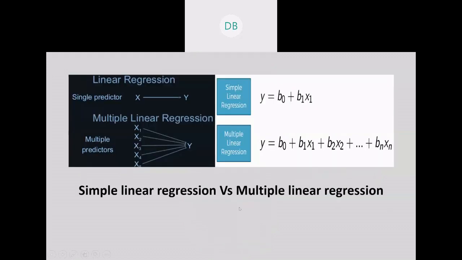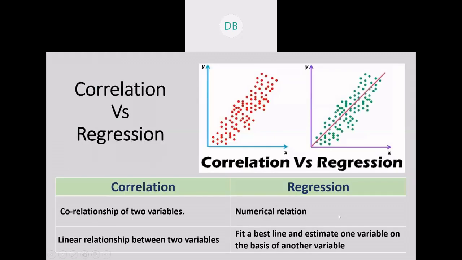In a nutshell, to compare simple linear regression and multiple linear regression, in simple linear regression, the dependent variable y is influenced by one independent variable x, whereas in multiple linear regression, the dependent variable y is influenced by more than one independent variable. Thus, they differ in their regression equations too.